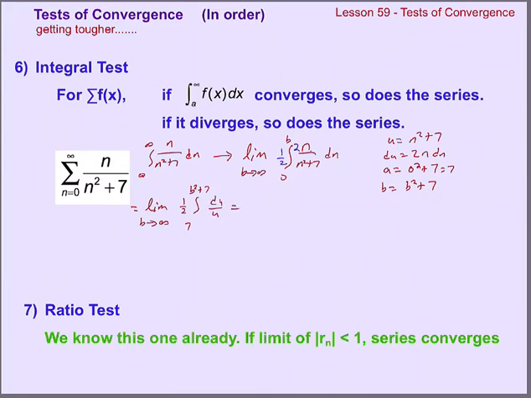So this is just 1/2 the ln of the absolute value of u, evaluated, oh shoot, I forgot my limit. The limit as b approaches infinity of 1/2 the ln of the absolute value of u, evaluated from 7 to b squared plus 7.